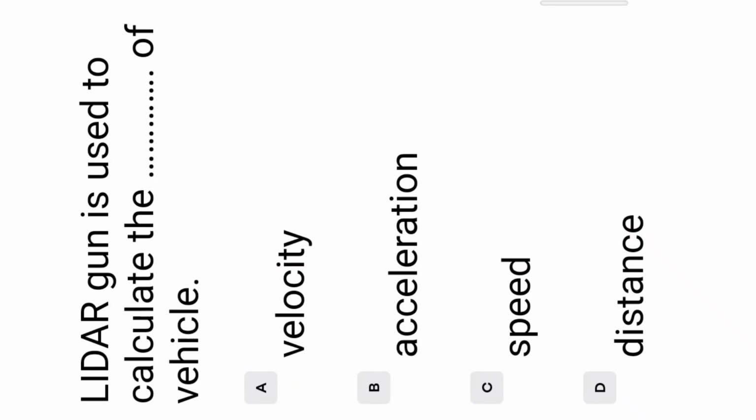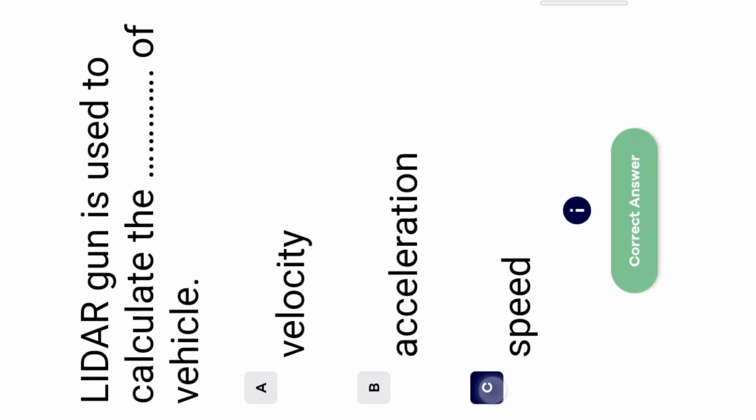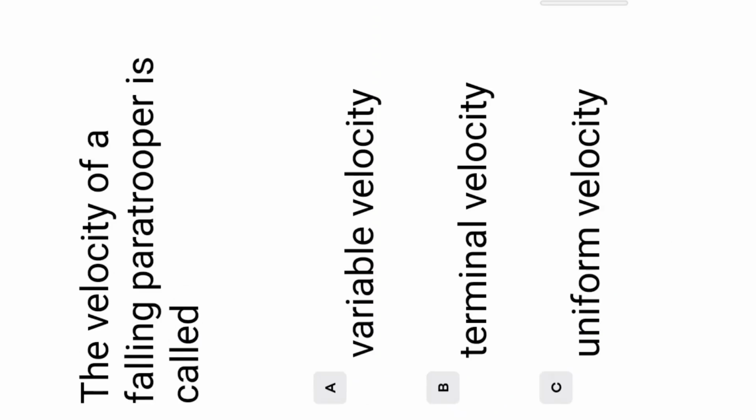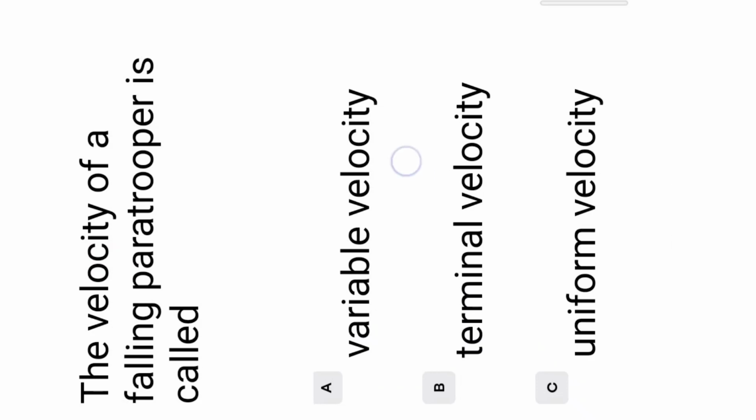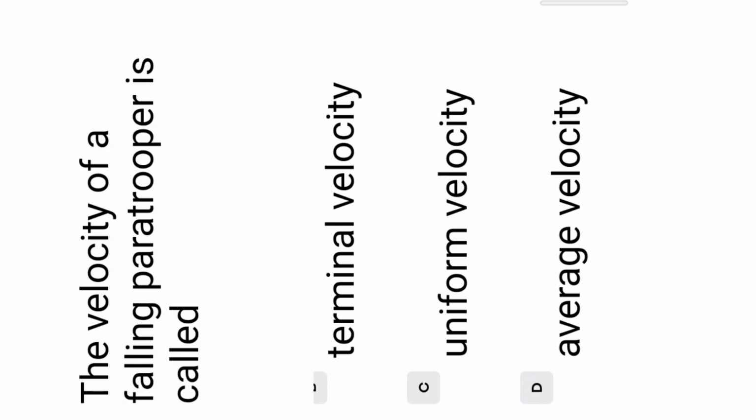LIDAR gun is used to calculate vehicle A velocity, B acceleration, C speed, D distance. C, speed is the correct answer. The velocity of a falling paratrooper is called A variable velocity, B terminal velocity, C uniform velocity, D average velocity.